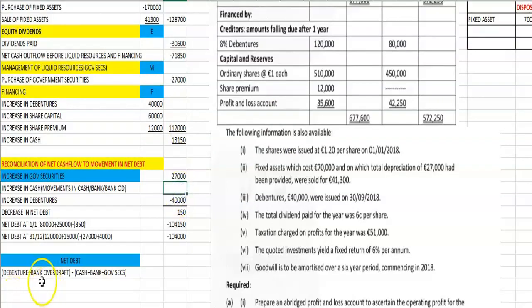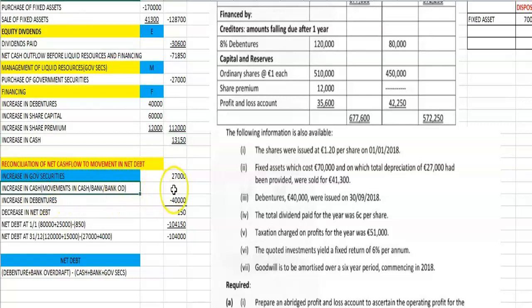Lastly, we need to look at movements in bank overdraft, cash and bank. Movements in these three items are summarised in your increase in cash figure. So the increase in cash figure basically summarises any movements that have been made or happened in bank overdraft, cash or bank. So we can see there's been an increase in cash here of 13,150. So I have that in here like that.